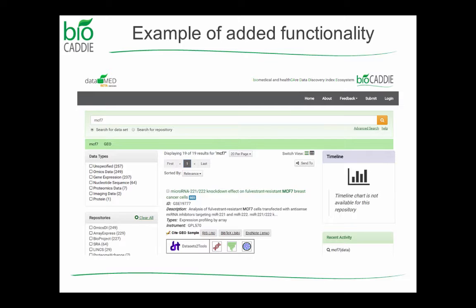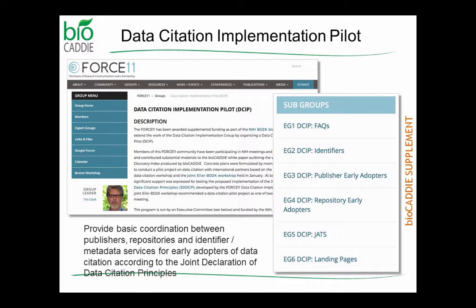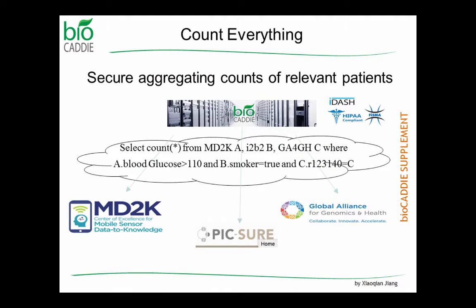So we're very glad to see additions and improvements done of what we got started. We had supplements for Force 11 on data citation and implementation, which will be shown as well. There was a supplement called Count Everything, which was secure aggregating counts of relevant patients across different data sets.